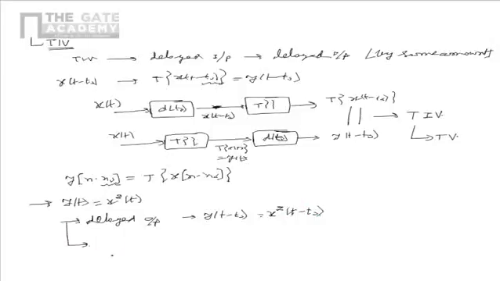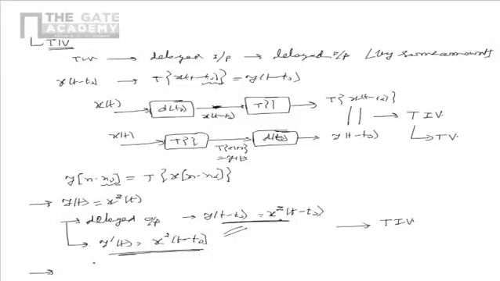Similarly, the output due to delayed input would be y dash t, which is equal to, when the input is delayed by t naught, x of t minus t naught. So the output would be x square of t minus t naught. And these two are equal, which means the output due to the delayed version of the input and the delayed version of the output are equal. From this, we see that the system is time invariant.